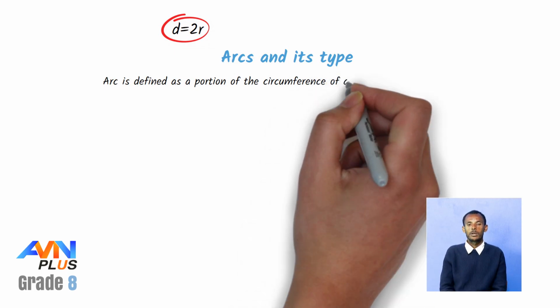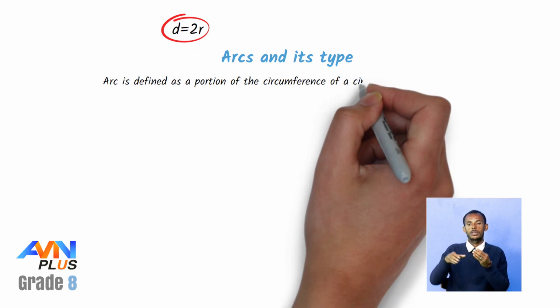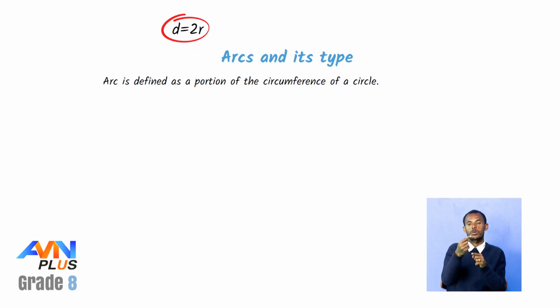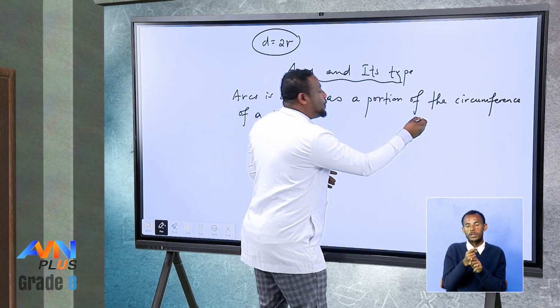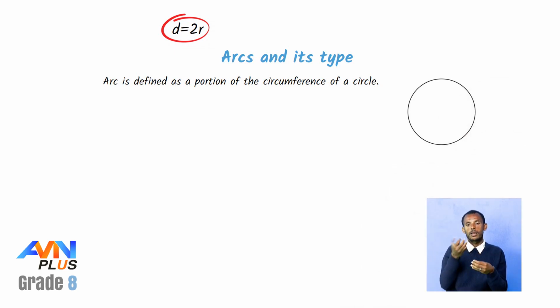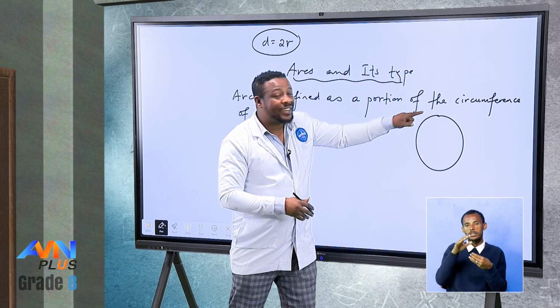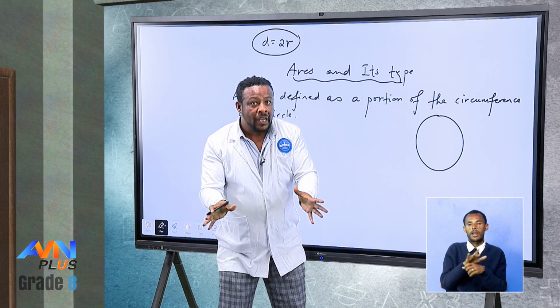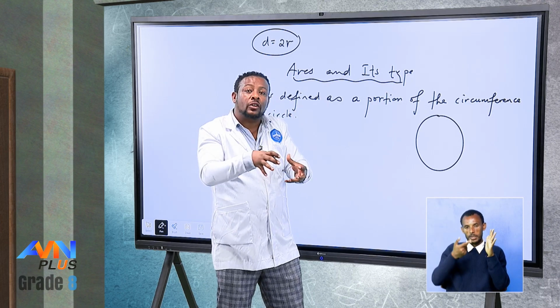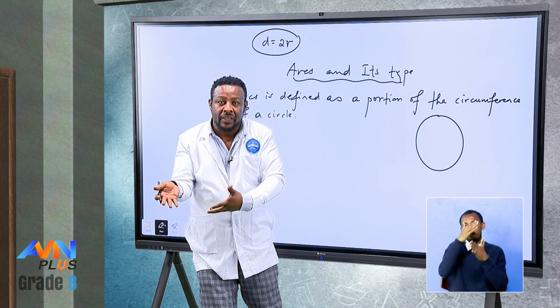Well, so geometrically, if you have a circle, the full length of this circle is called a circumference. Based on this definition, an arc is a certain part or a portion of the circumference, right?